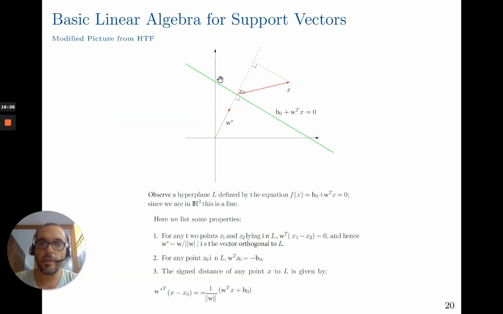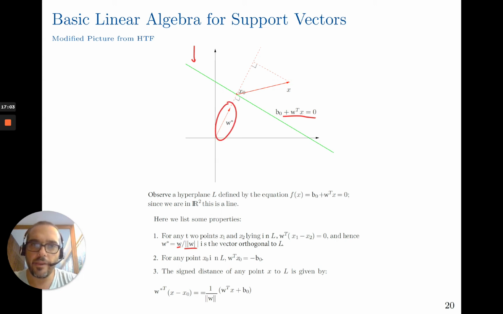Here we have a 2-dimensional space. The green line defines the hyperplane that's defined by this expression. We have a point here, x naught, lying on the hyperplane. This vector w star is just the vector w divided by its norm, so it is a unit vector with norm equal to 1.